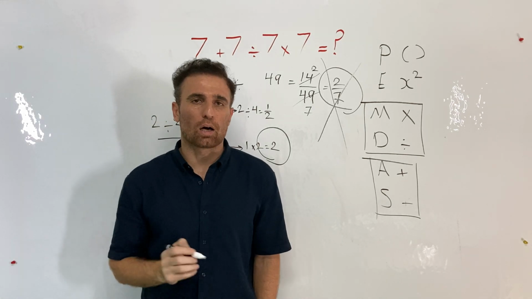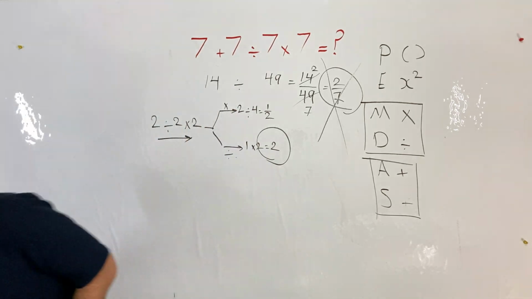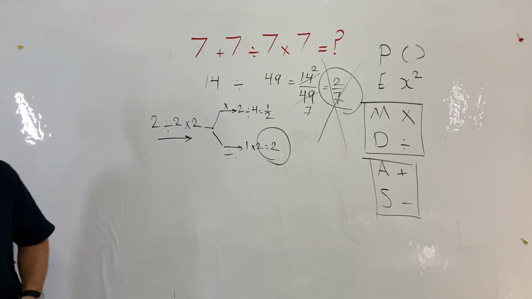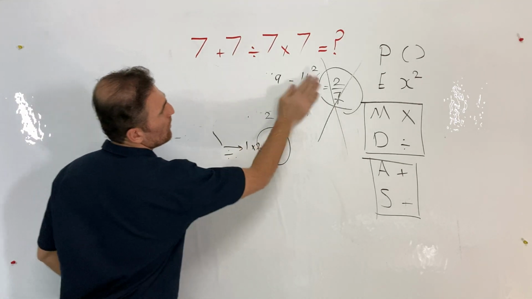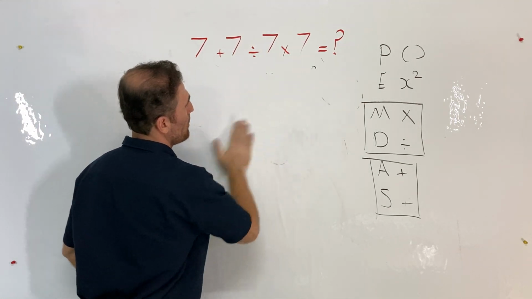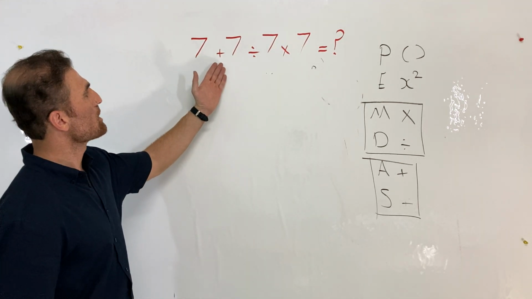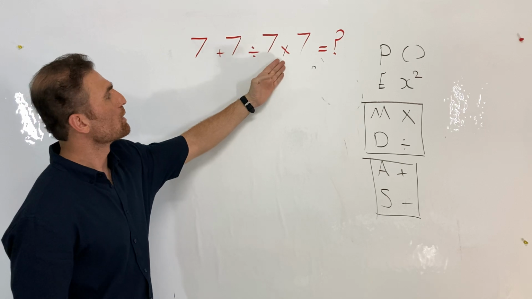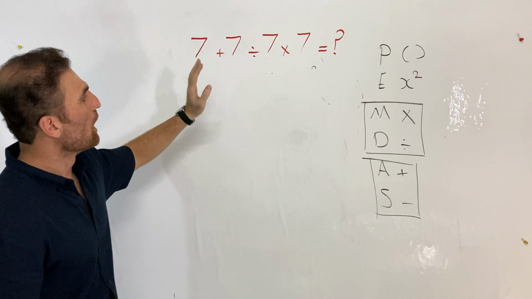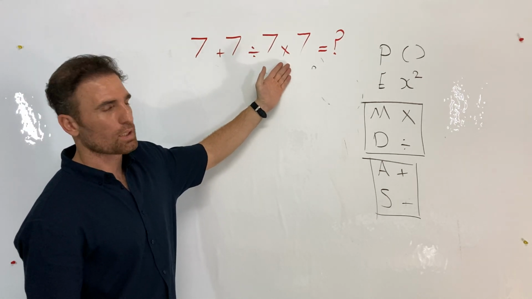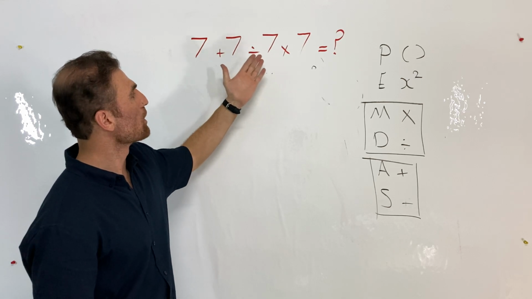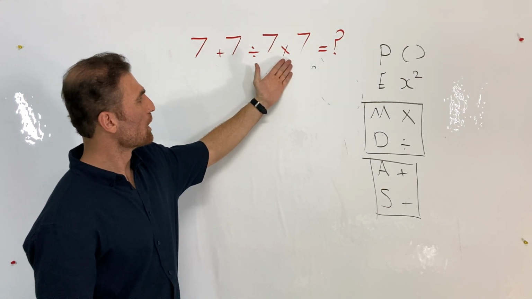Now let's jump to our example. In our example, we have 7 plus 7 divided by 7 times 7. So, division and multiplication, we need to start with them. But first, division or multiplication?